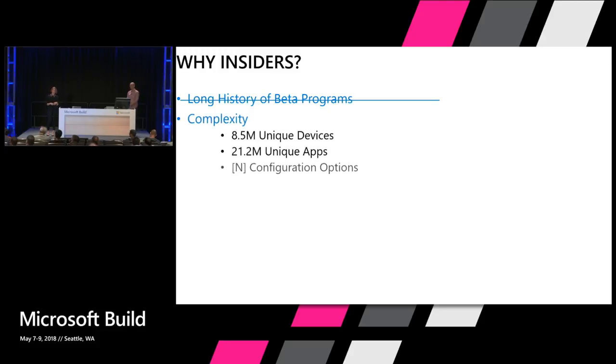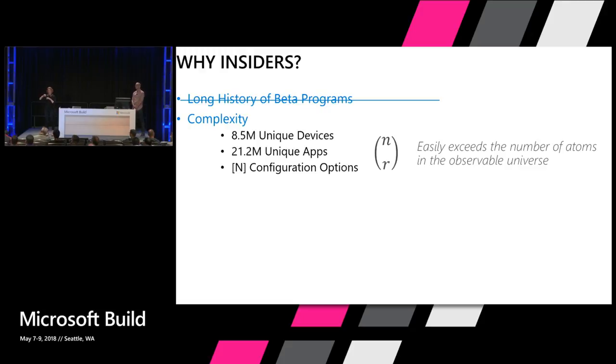The first is complexity. Windows has 8.5 million unique devices out there, 21 million unique apps. So even with one configuration option, you easily exceed the number of atoms in the observable universe, the number of things that you need to test through.